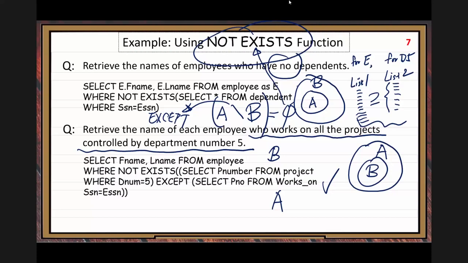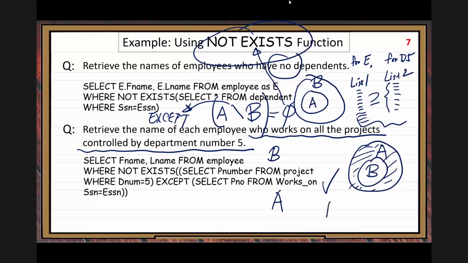So it's just the other way around. That means this employee works on more than the whole of Department 5. That's the original meaning. So we need to write it the opposite way.